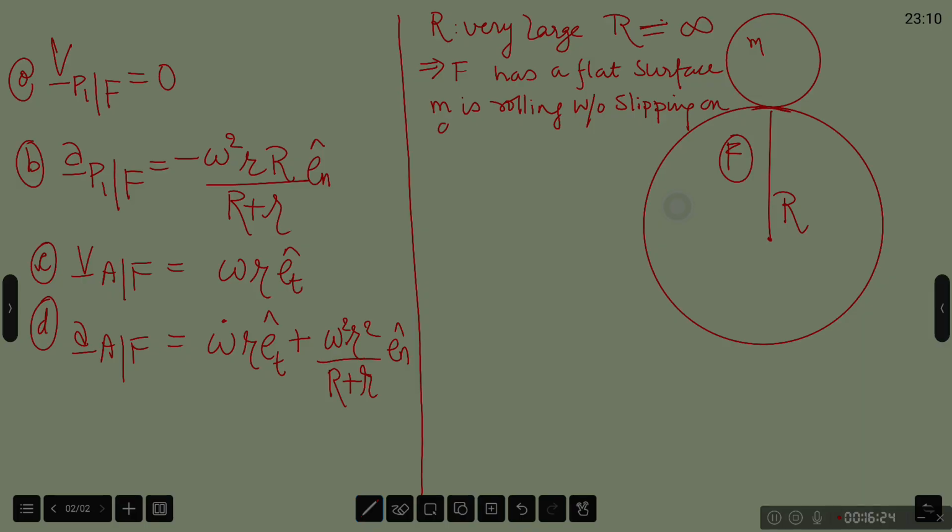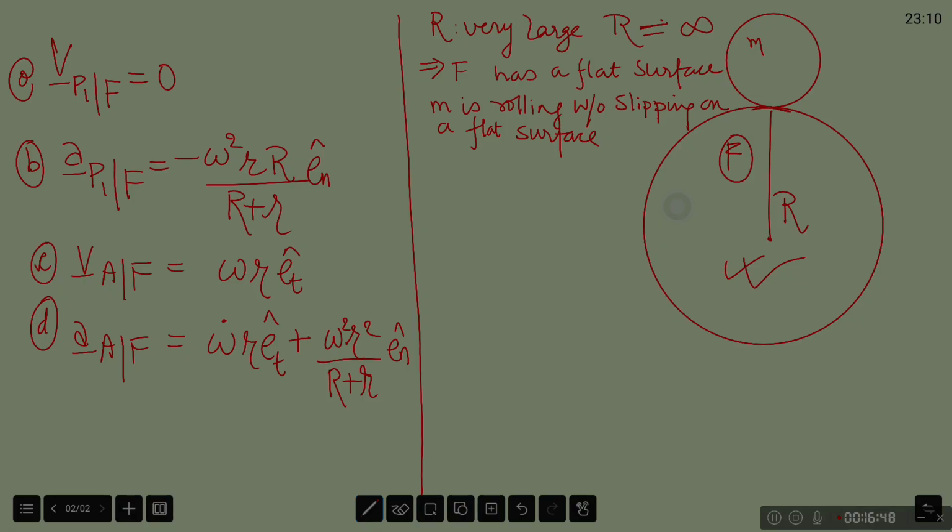So this is a special case of the scenario we considered. Even though this is a special case, R equals infinity, it is quite a common case. We often find a cylinder or a circular body rolling without slipping on a flat surface.